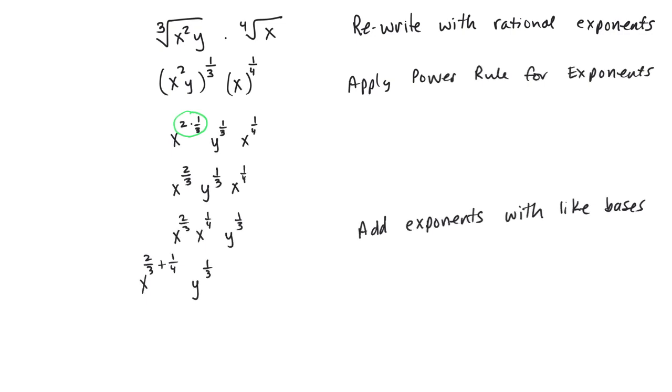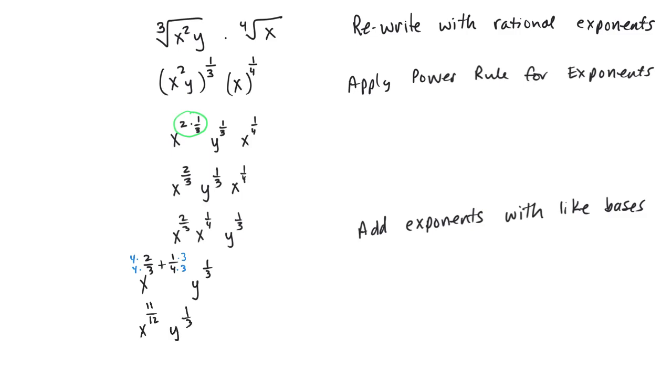Okay, and now we need to get common denominators. If I multiply 1/4 by 3/3, and if I multiply 2/3 by 4/4, then I could use a common denominator of 12ths. And I would have 8/12 plus 3/12, so that would be 11/12 times y to the 1/3.